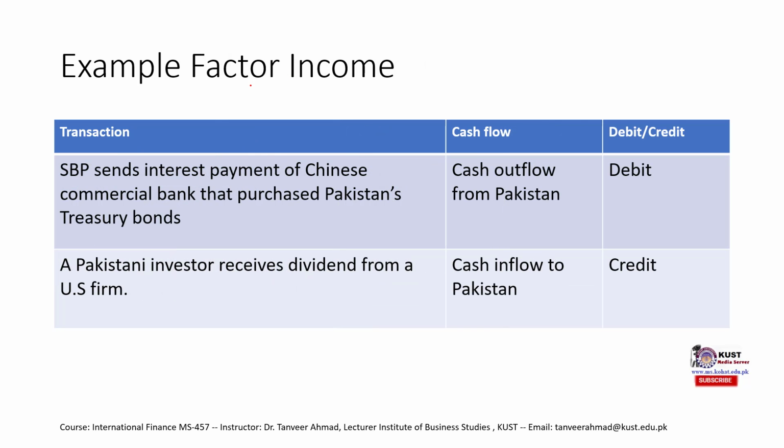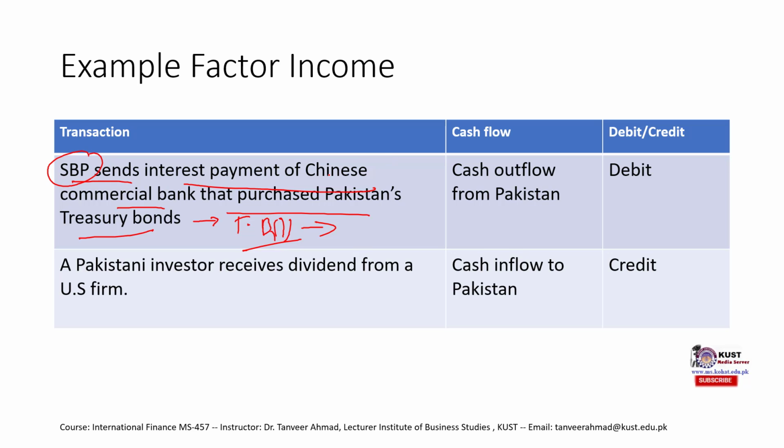These examples are related to factor income. So if SBP sends an interest payment to a Chinese commercial bank that purchased Pakistan's treasury bonds, these are T-bills that are auctioned by the State Bank of Pakistan, right? And there is some interest paid on these T-bills.